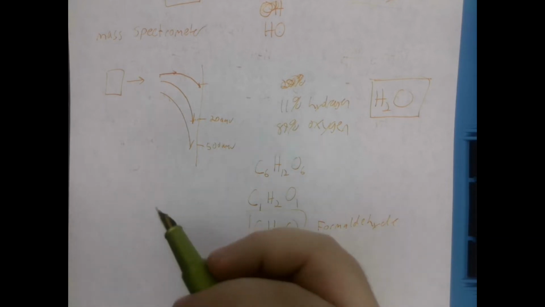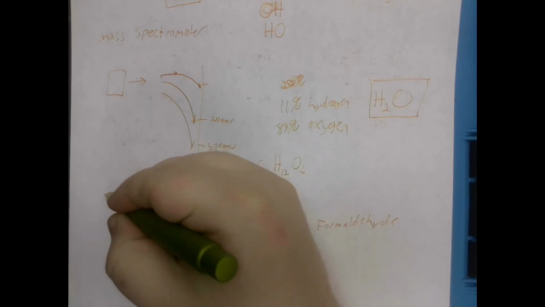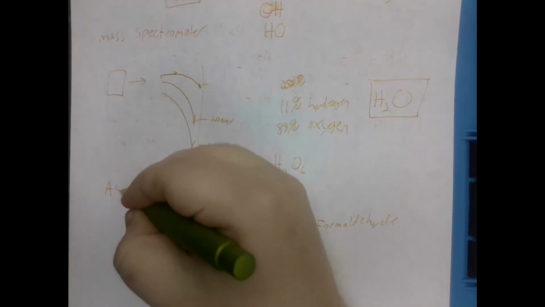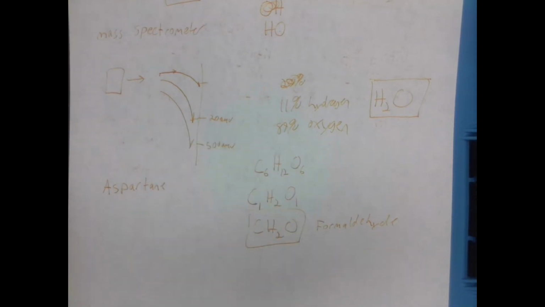What's formaldehyde in? So, let me look up. This is actually a perfect example. My Coke Zero has an artificial sweetener called aspartame, or however you say it. Let me look up the chemical formula for that, because I'm actually interested.